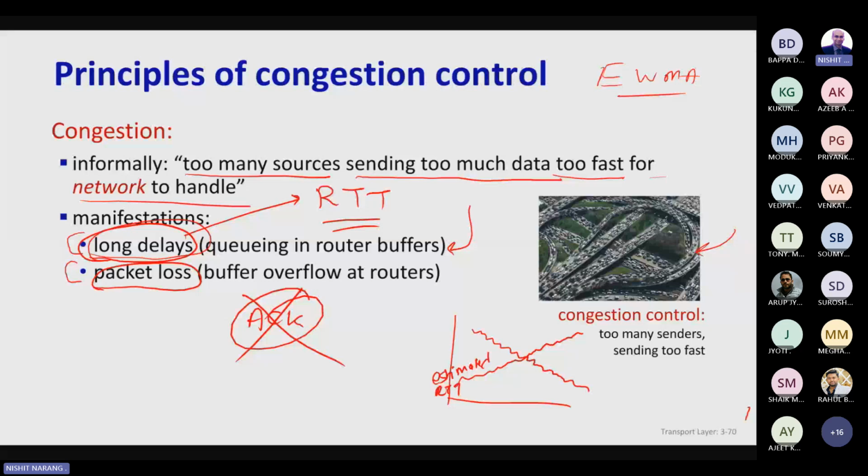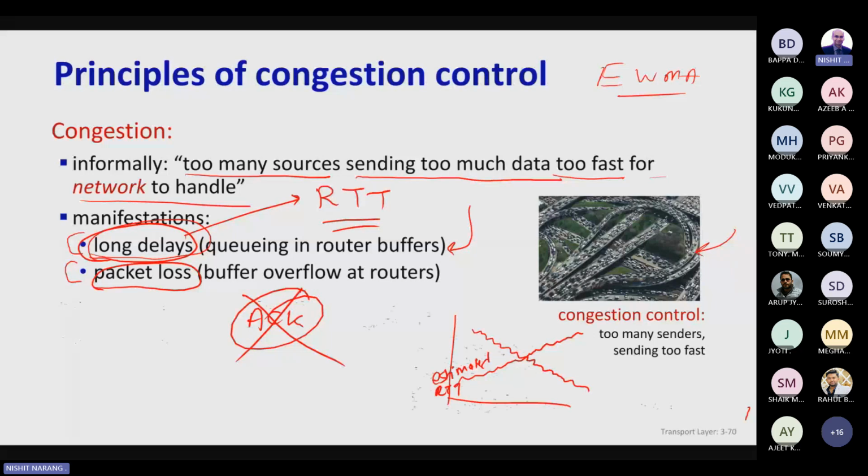So TCP, based on its functions of round trip time measurement and tracking packets, packet losses and retransmissions, is very well positioned to detect network congestion. The question is, TCP can detect network congestion, but can it do something about it to help the network come out of that state?